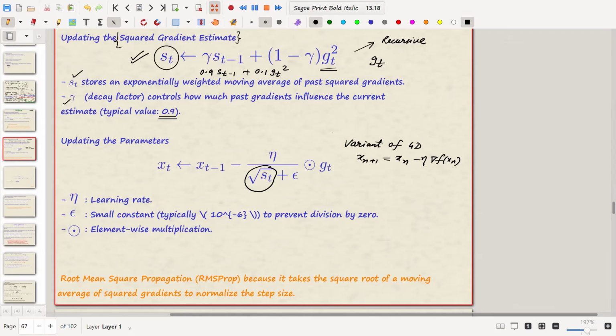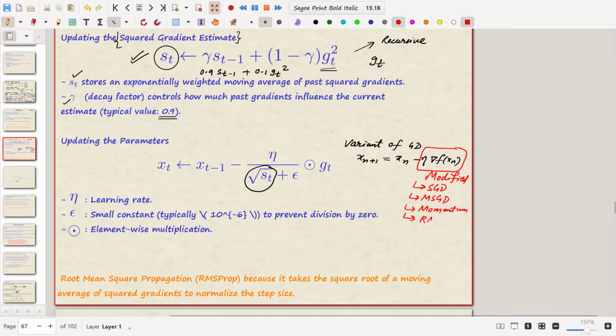And whatever we have been doing in the past 3 weeks, we have just modified this to get stochastic gradient descent, to get mini batch stochastic gradient descent, to get momentum, to get root mean square propagation, and also you'll see to get Adam optimizer.